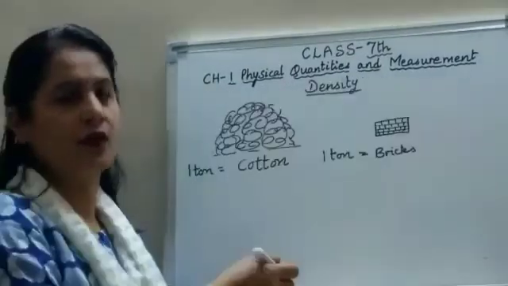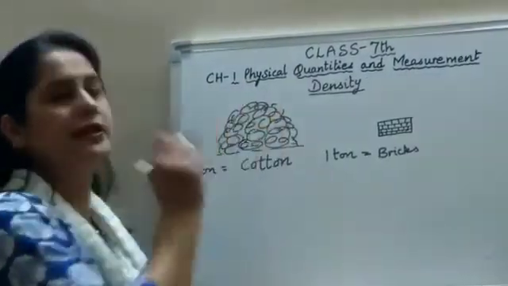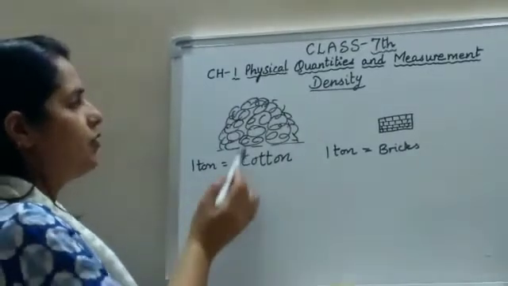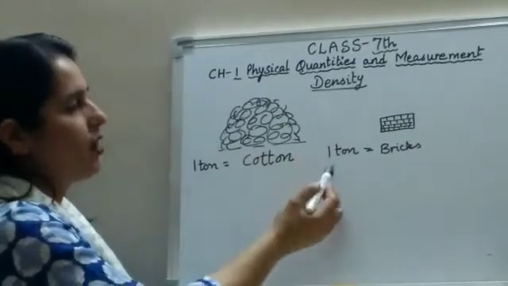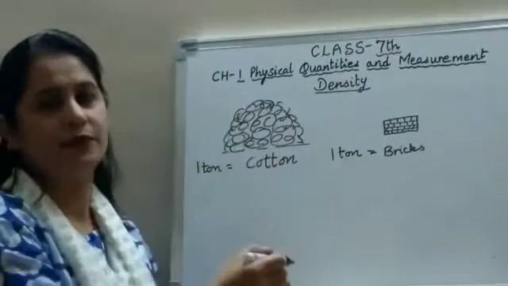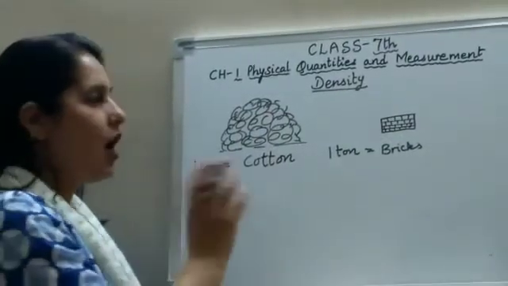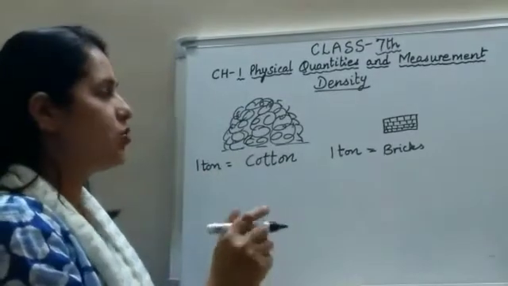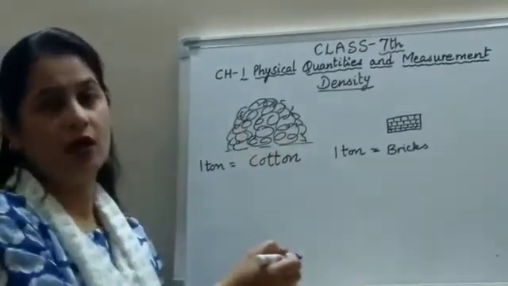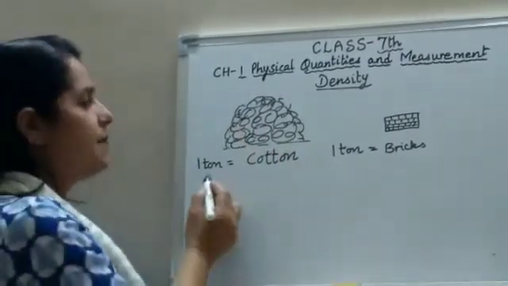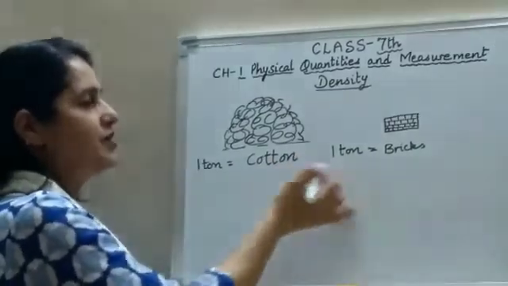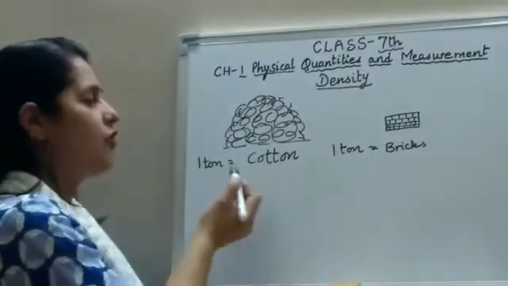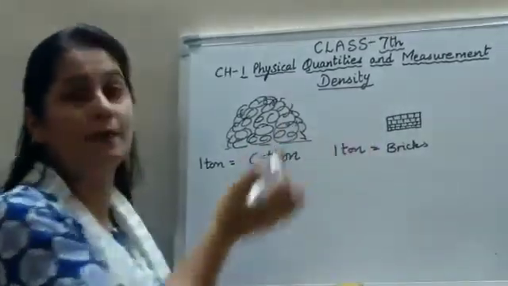Okay children? The next topic is density. Suppose there is 1 ton of cotton and 1 ton of bricks. So, how will you compare them and how will you tell which one is heavier? Obviously here the mass of both the objects is the same. 1 ton mass we have taken of both cotton as well as bricks.